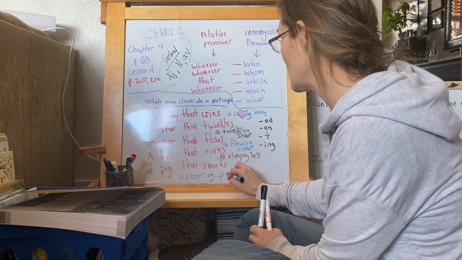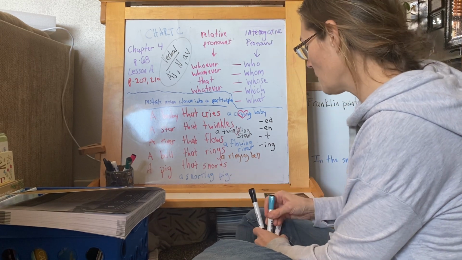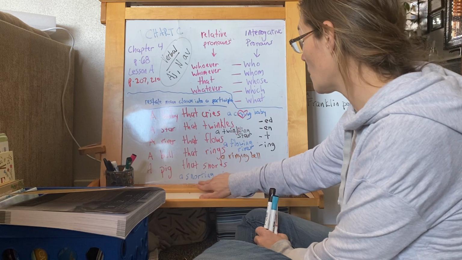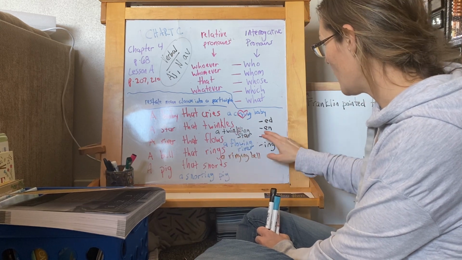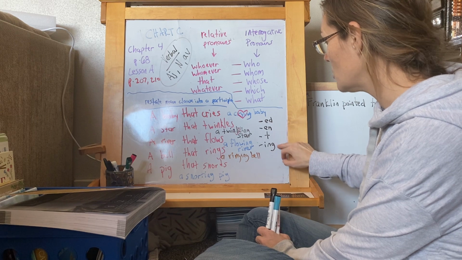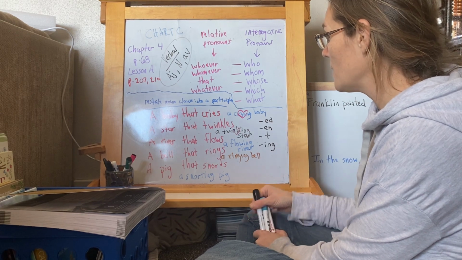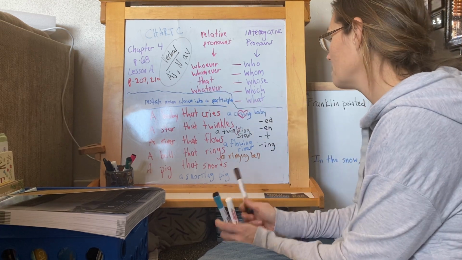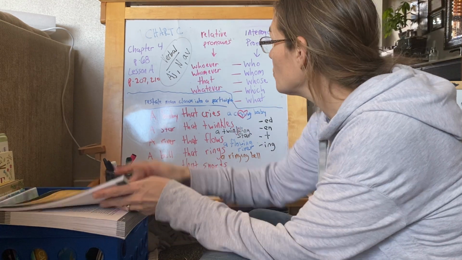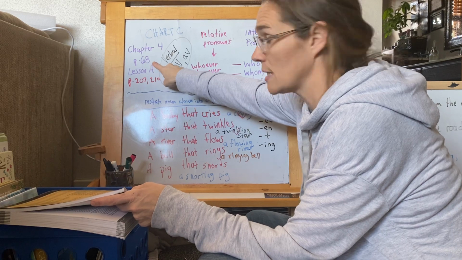Okay, so do you get the idea? These are verbals. They're participles, and they end in ed, en, or ing. But these verbals are all acting as adjectives, okay? All right, so turn to page 68.